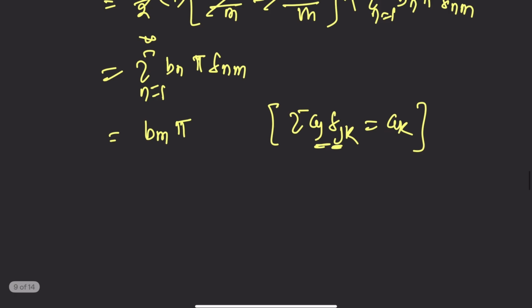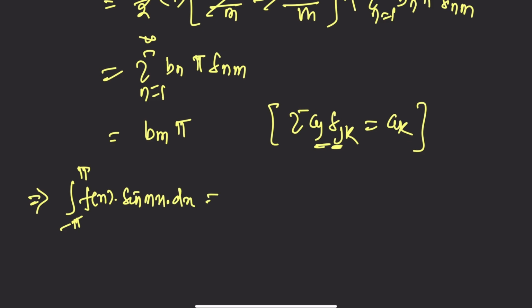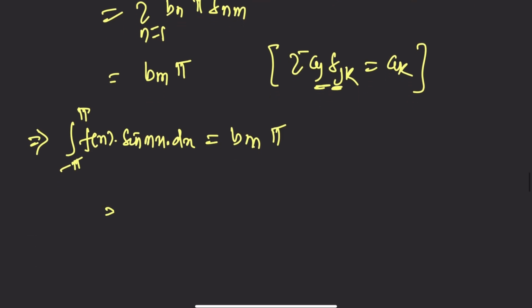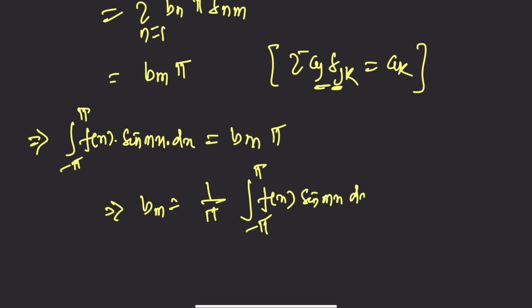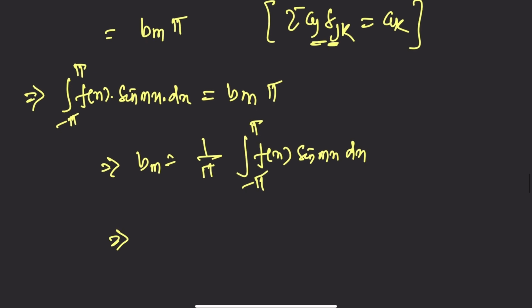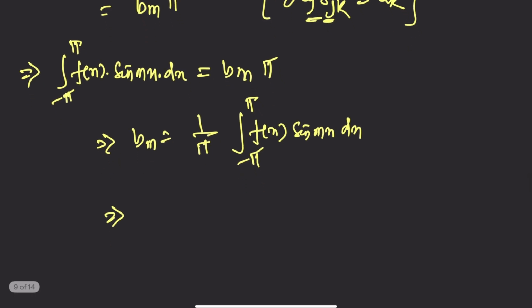Okay, so the equation becomes integral from minus pi to pi of f(x) sin mx dx equals b_m pi. So b_m becomes 1 by pi integral from minus pi to pi of f(x) sin mx dx. m is a dummy index, we can write n in place of m.